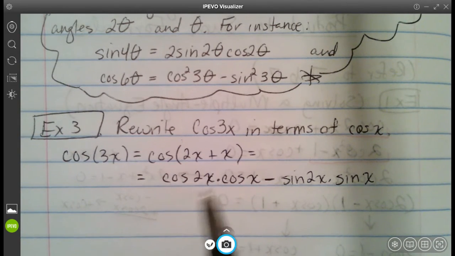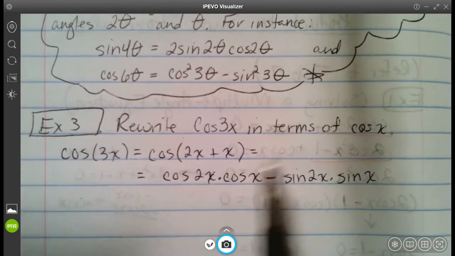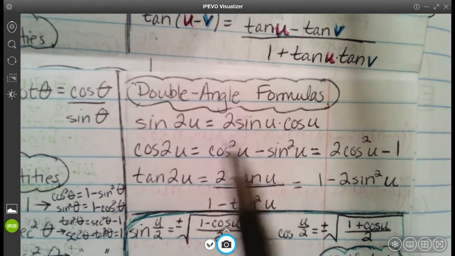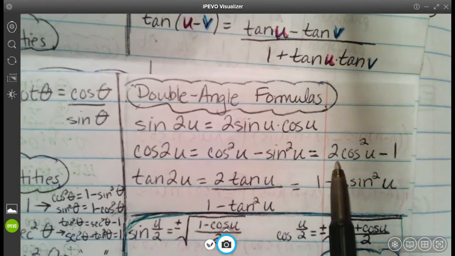So you see how we have this double angle right here, 2x. Now I can look at my double angle formulas and ask what this is equal to in terms of cosine. I think I'm going to use this one right here because that one has cosines. We don't want sines.